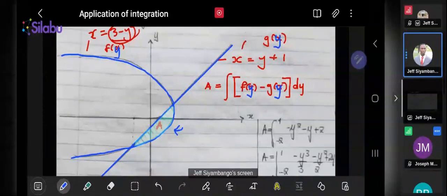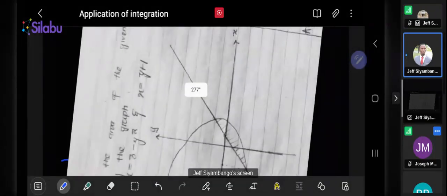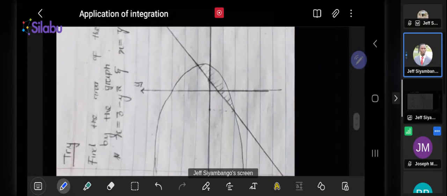So the idea here is that our expressions were functions of x, but now these are functions of y.